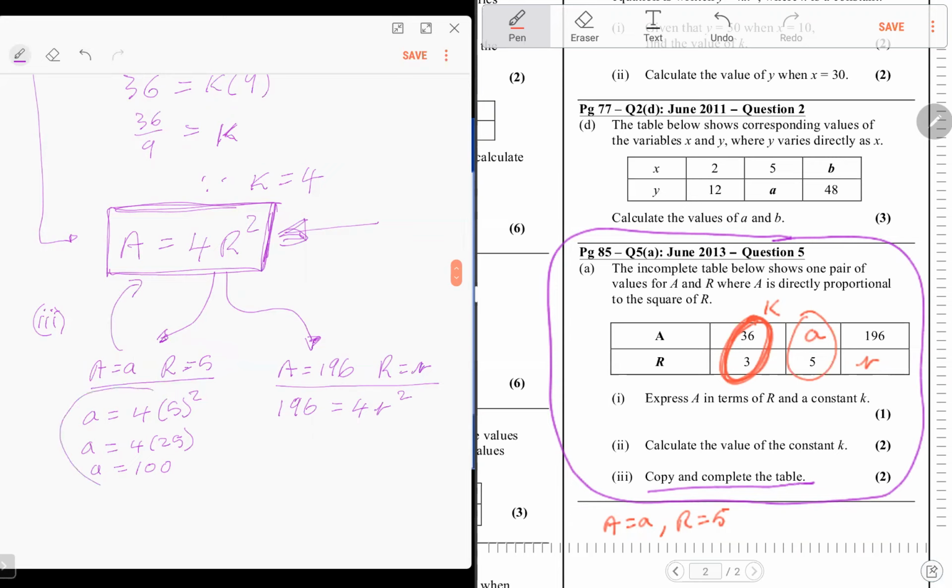That's why I did my calculation down here. So let's look at it. The A is small a and the R is 5. So the A is small a, see there? And the R is 5, see there? R is 5. So I put them there.